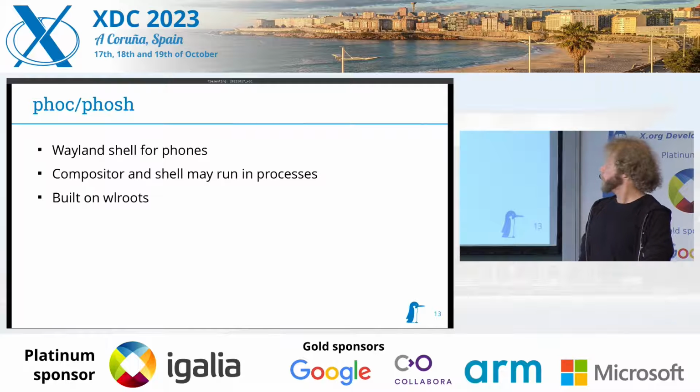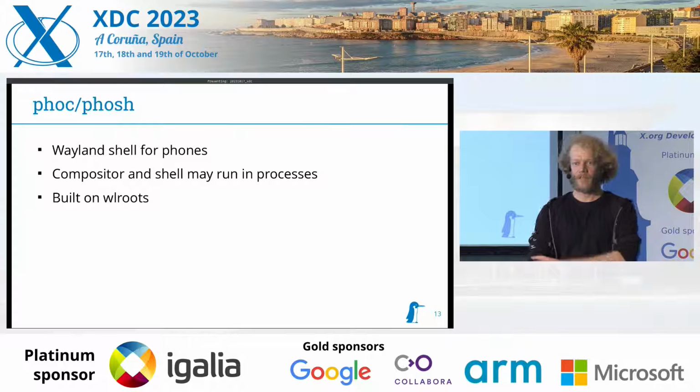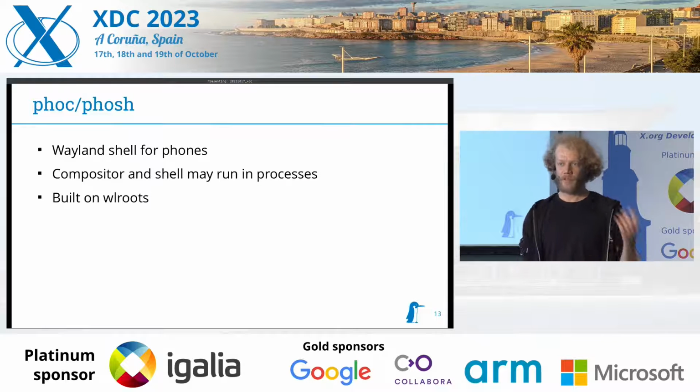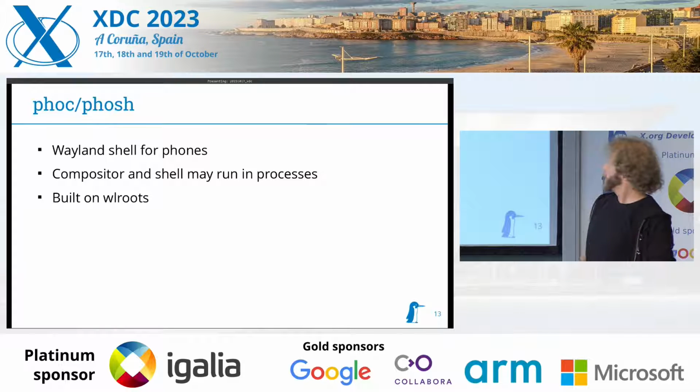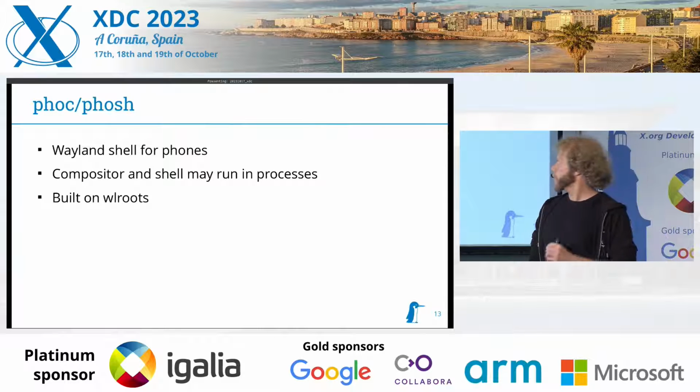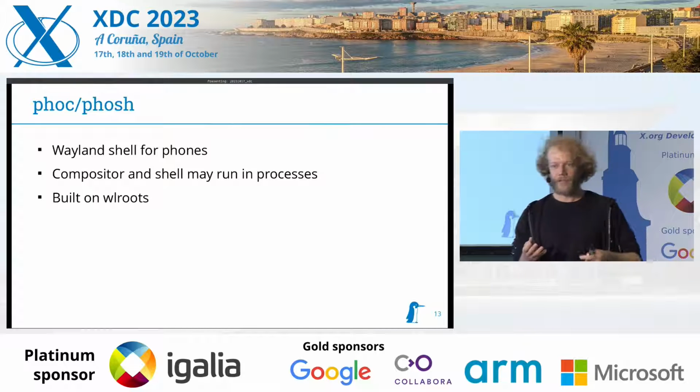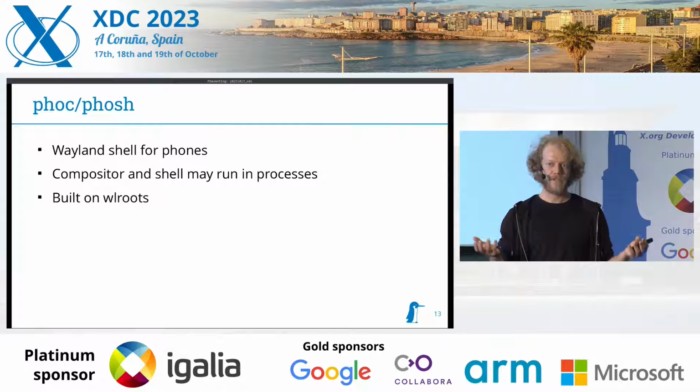Then there is phoc and phosh, the shell for the Librem 5 phone. I put that there because phones are also kind of similar to embedded systems, just a bit more powerful. And what I found interesting there is that the compositor and the shell run in different processes.